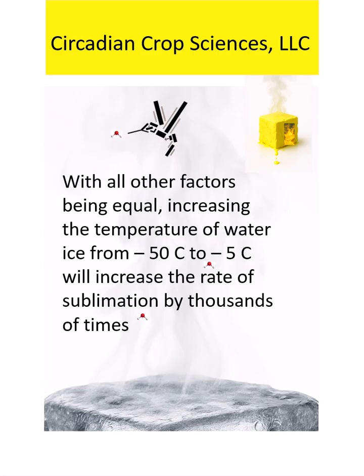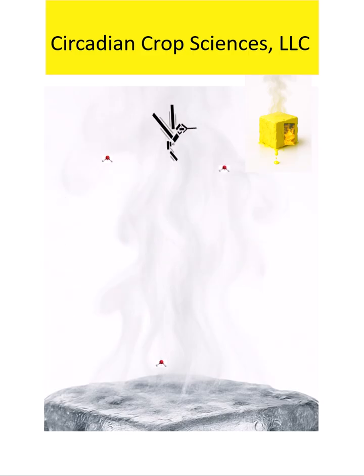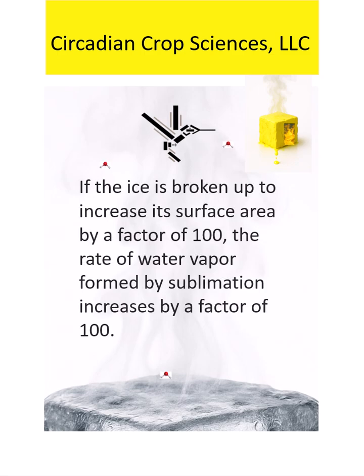Minus 50 degrees Celsius is very cold. If the ice is broken up to increase its surface area by a factor of 100, the rate of water vapor formed by sublimation increases by a factor of 100.